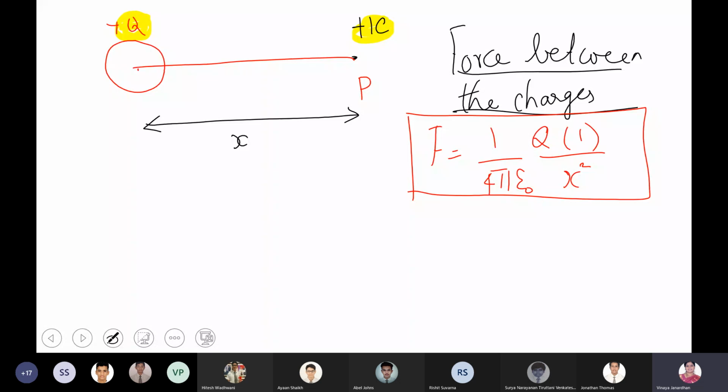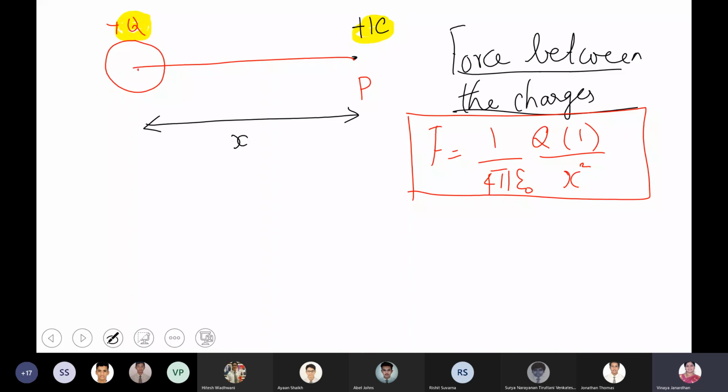You have a charge plus Q, which is generating an electric field. In this electric field, at point P, I want to find the electric potential.